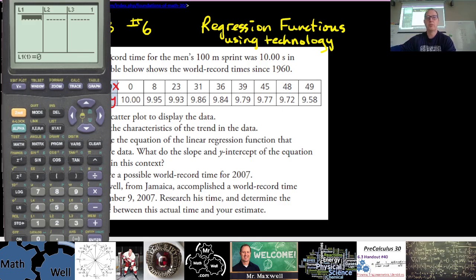Make sure you do put 0, don't leave it blank. 31, 36, 48. Okay, and then when you get all those in, go to your next list and put those ones in.